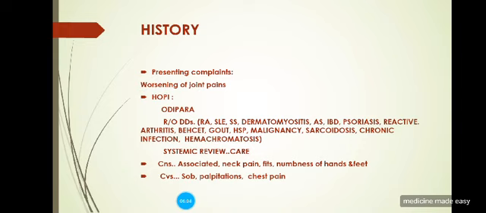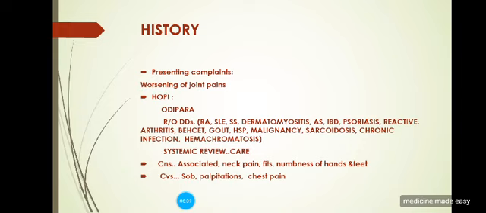Then the third paragraph is of CARE, in which you are going to start with the etiology and risk factors. As RA is mostly familial and genetic, if there's a family history, you have to explain it, and if there is none, you only mention that there is no family history, and then you continue with the complications. So for the systemic review or CARE, we are going to cover it from up to down, starting from the CNS.